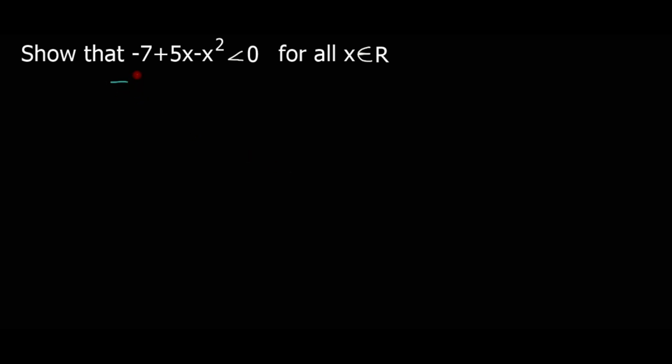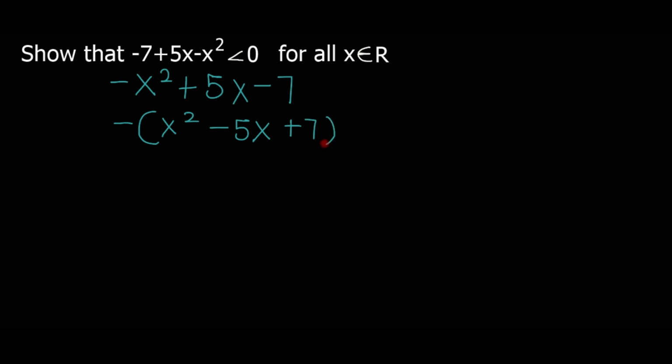Re la gore ke na le minus x squared and then plus 5x and then minus 7. So from there go factorize a negative sign. Re la gore go shala ka x squared and then 5x divide by negative 1 yaba minus 5x, and then negative 7 divide by negative, re la gore ke positive 7.